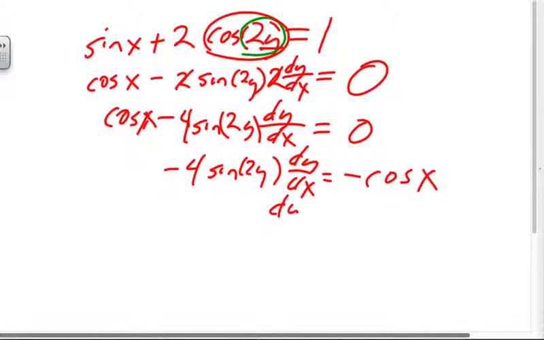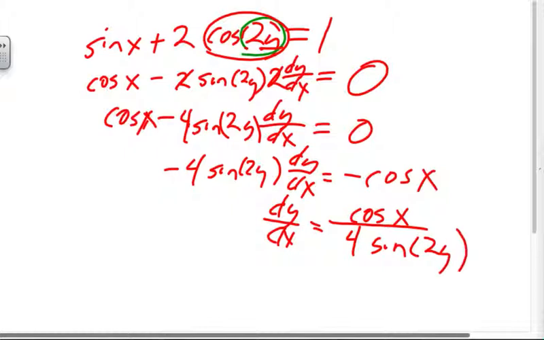So that gives me dy dx equals a negative divided by a negative is a positive. So I'm going to have cosine of x over 4 sine of 2y. And there's your derivative. Okay.